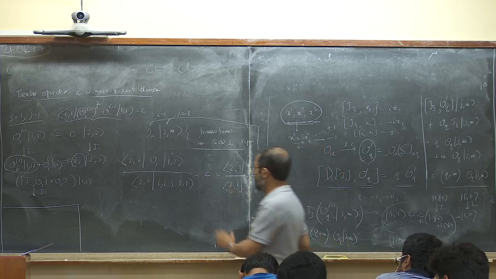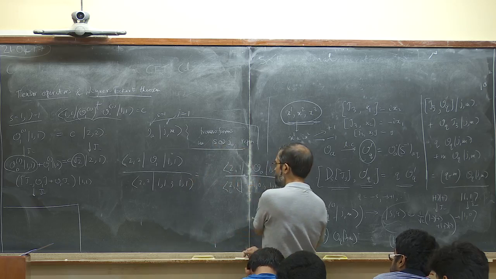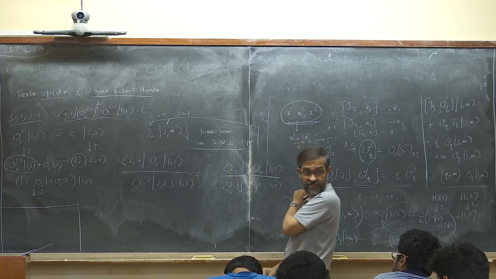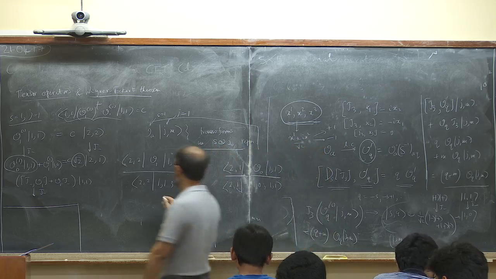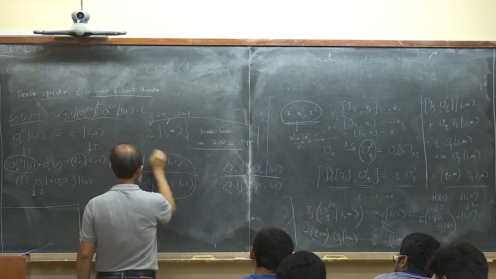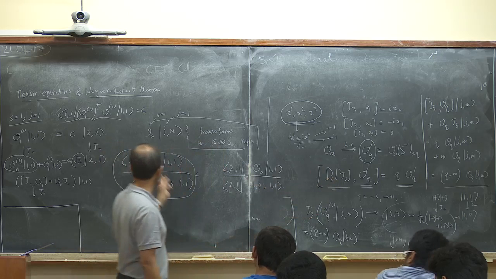So I can keep doing this, write the Clebsch-Gordan here, write the operator matrix element, and it's always the same. So in order to compute all these other operators, I can just compute only any one of them.